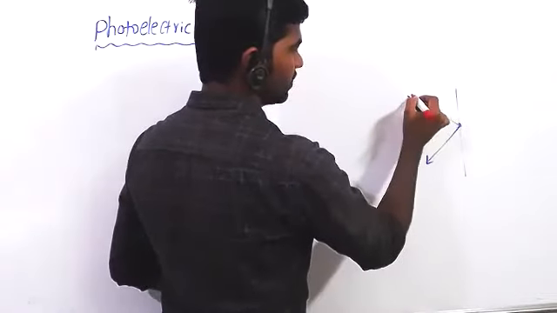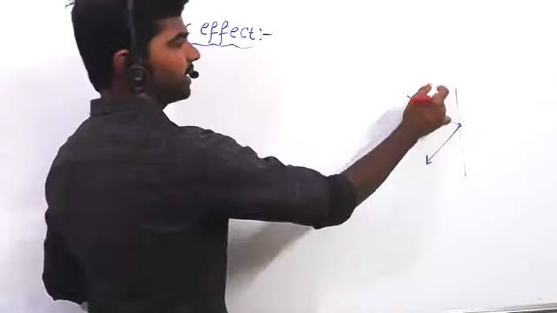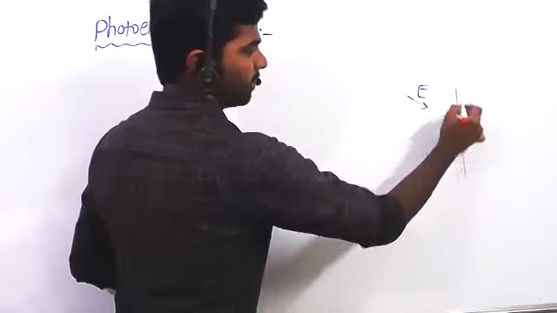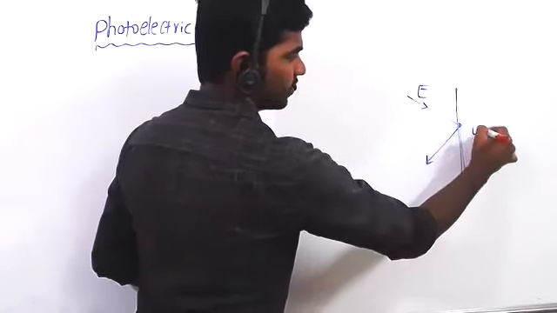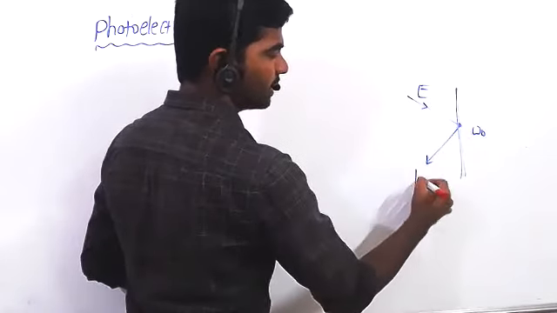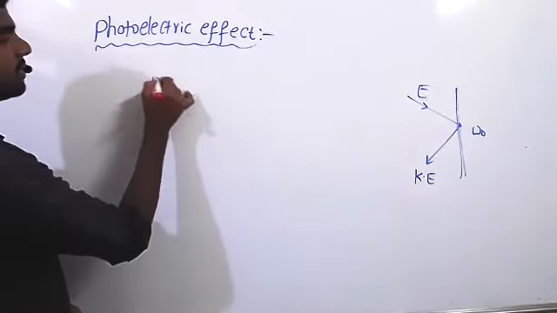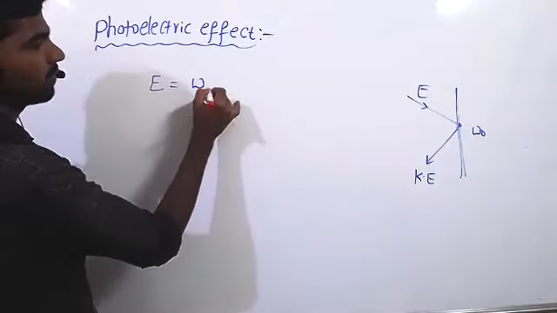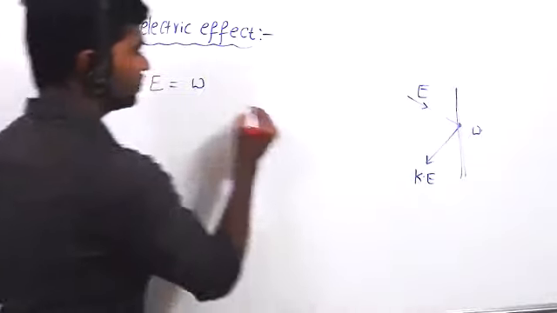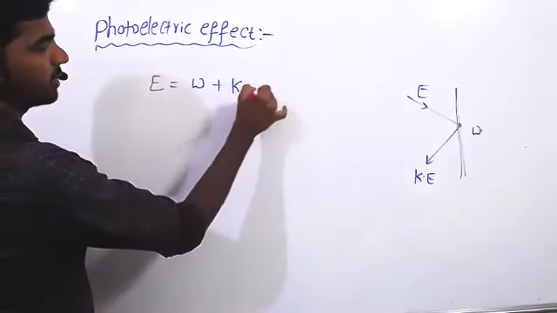This is the incident radiation, having some energy E. The metal absorbs some energy, which we call the work function, and the remaining energy comes out as kinetic energy. So you can write E is equal to work function W plus kinetic energy.